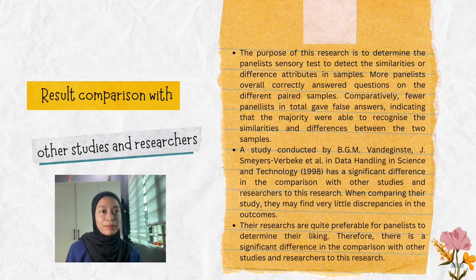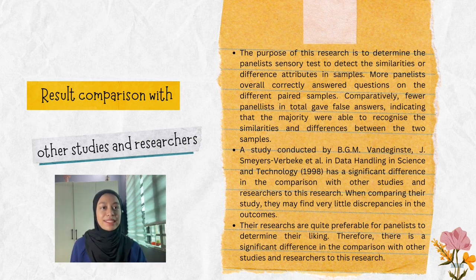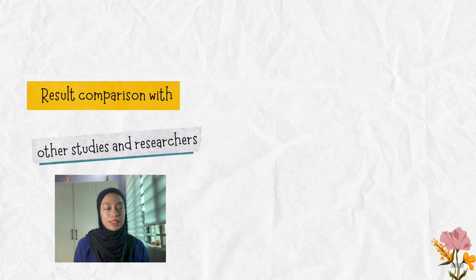The study conducted by B.G.M. Vandeginste, J. Mejer and Verbeek in Data Handling in Science and Technology in 1998 has a significant difference in comparison with this research. When comparing their study, they may find very little discrepancy in the outcomes. Their research is quite preferable for panelists to determine their liking. Therefore, there is a significant difference in the comparison with other studies and researchers to this research.